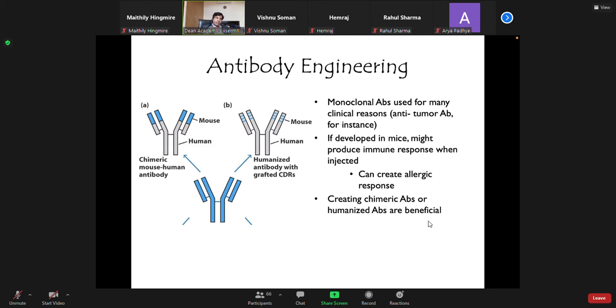And if they are developed in a different species, they are going to cause reactions. Okay, if it is of mouse origin and injected in human, this is called HAMA reaction, human anti-mouse antibody reaction, right? And in order to minimize it, you have to humanize your antibody. This is called humanization. So you can either make it chimeric or you can make it a completely humanized antibody, right?